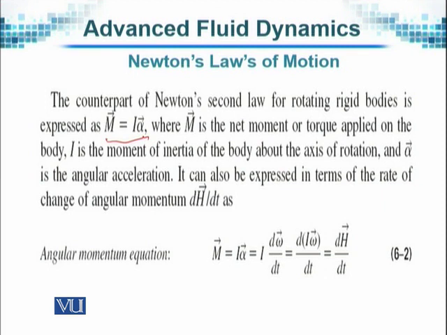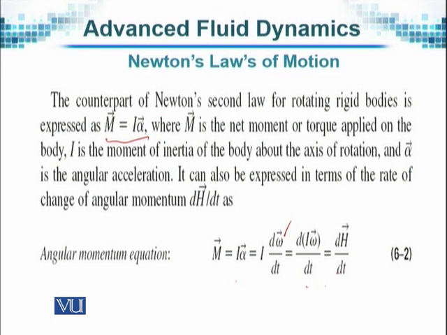Linear acceleration is represented by the rate of change of velocity in the direction. But if it is rotation, then angular motion takes place, and if angular velocity is omega, then d omega by dt will represent alpha, the angular acceleration, and of course the remaining terms are its equivalent terms.